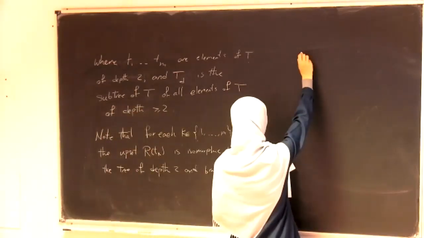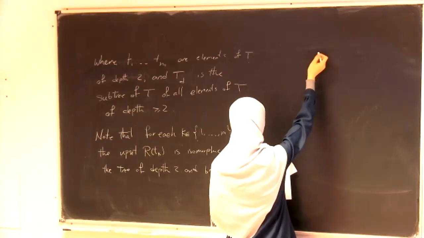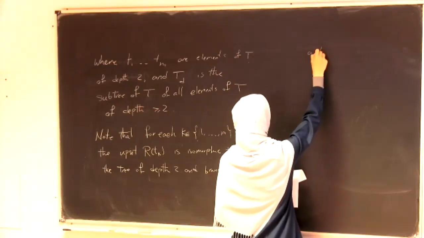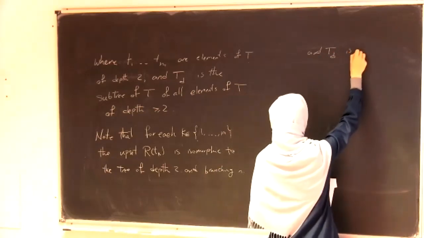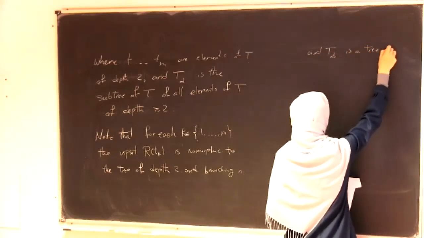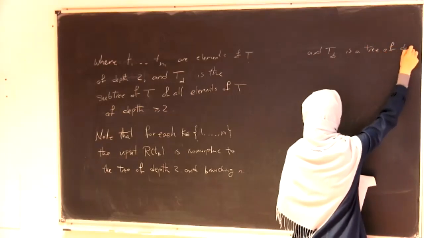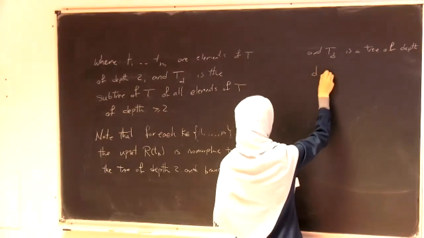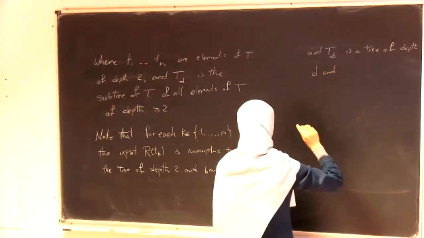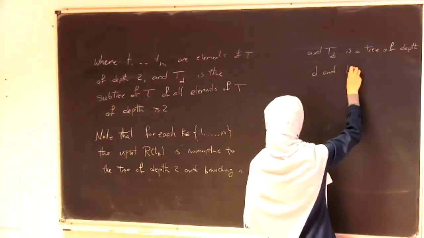And T_d is a tree of depth d and branching n.